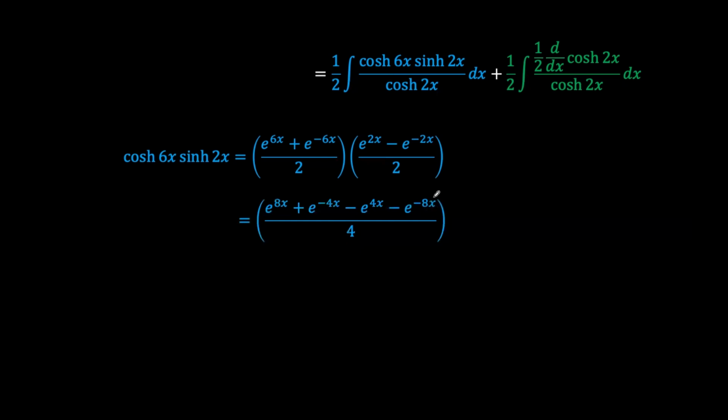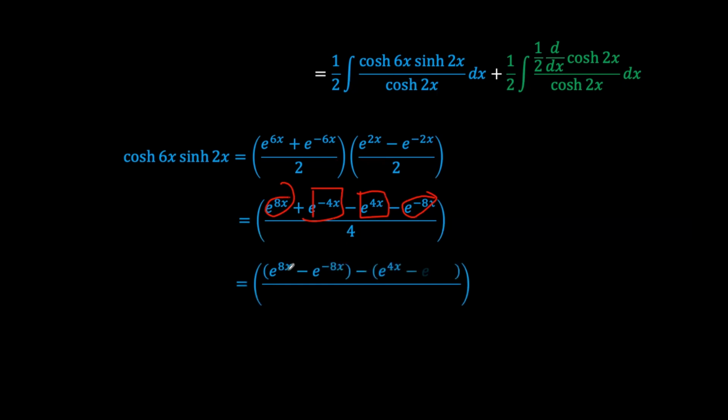So we can bunch these and this, and then we can bunch this and this, right? So that we do have now e to the power 8x minus e to the power negative 8x, minus brackets e to the power 4x minus e to the power negative 4x, all divided by 4.